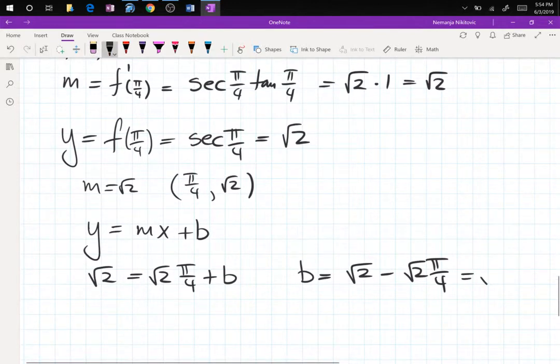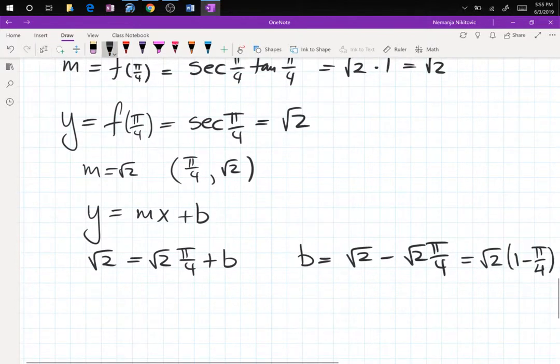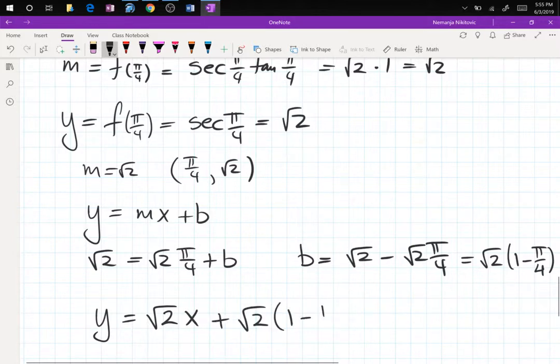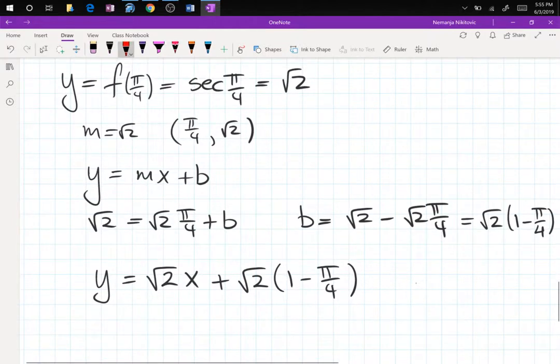If you want to be fancy, you can factor out root 2, have 1 minus pi over 4. And then y equals root 2 x plus root 2 times 1 minus pi over 4. And that would be the tangent line.